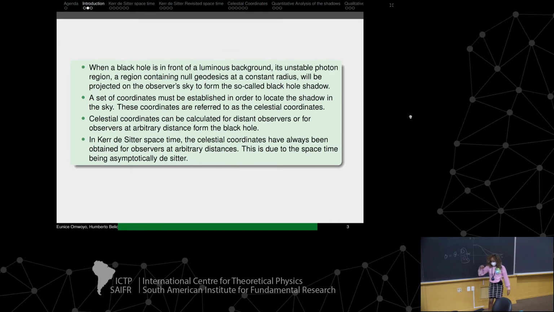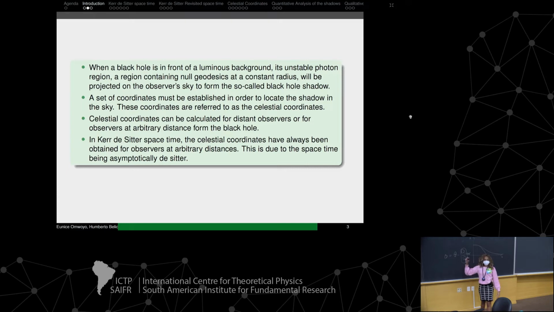And so, what's a black hole shadow? When we have a black hole and there's a luminous background, the light coming from the luminous background can be projected into the sky of an observer, and it will cause a bright ring with a dark region in the middle, which I will not explain so much, and that's the black hole shadow.